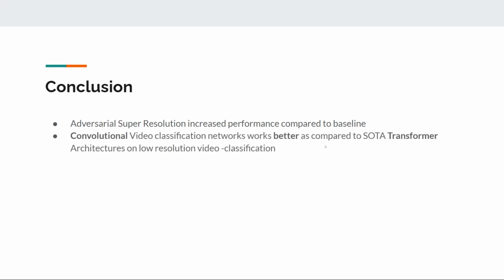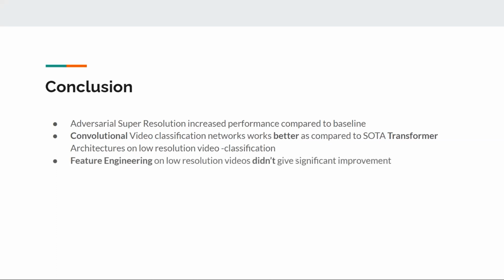And I'd like to conclude by saying that adversarial super resolution actually increased performance as compared to the transformer video classification baselines, as was evident in the results. We also noticed that convolutional video classification networks work better as compared to SOTA transformer networks on video classification.